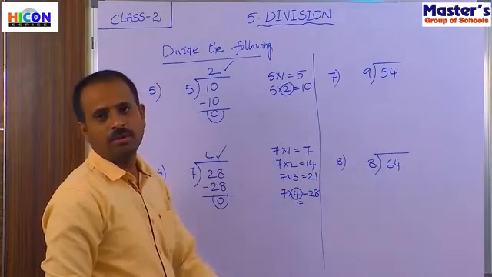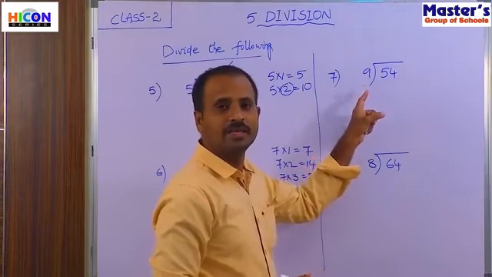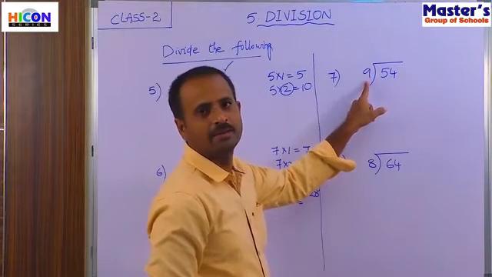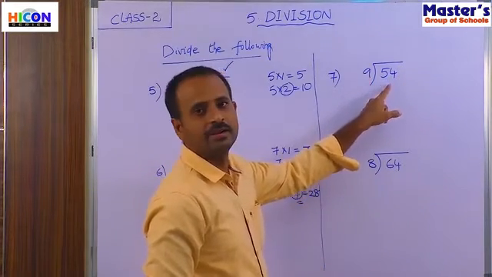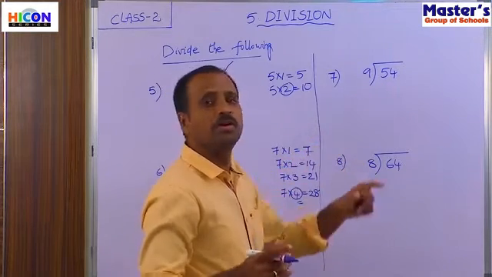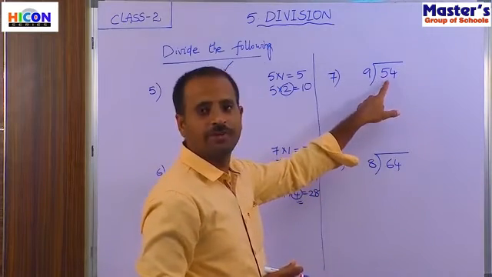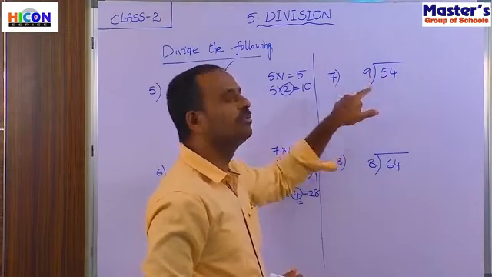See the 7th problem. Children, what is the divisor here? The divisor is 9. What is the dividend? The dividend is 54. Now what do we have to do first? We have to find when the number 54 comes in the 9th table.